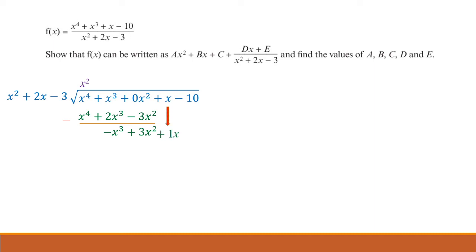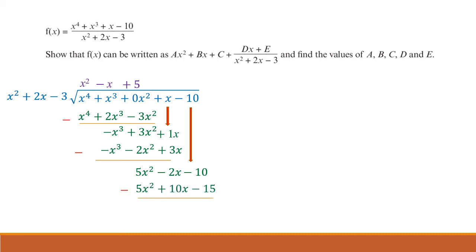Now to get that minus x cubed, we have to multiply x squared plus 2x minus 3 by minus x, which gets us minus x cubed minus 2x squared plus 3x. Subtract that out and bring down the next term. Now to get the 5x squared, we need to multiply x squared plus 2x minus 3 by 5, which gets us 5x squared plus 10x minus 15. Subtract that out to get the final remainder, minus 12x plus 5.